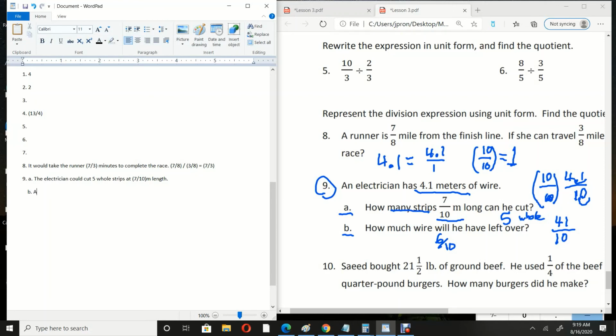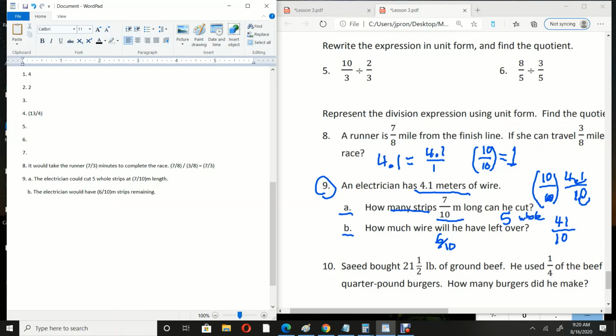After which, just the electrician would have 6/10 strips remaining. 6/10 of a meter strips remaining.